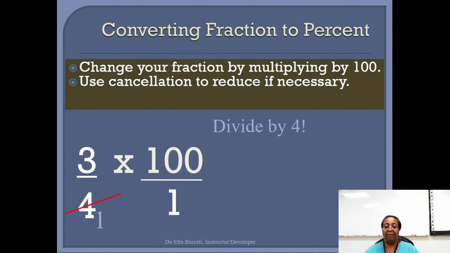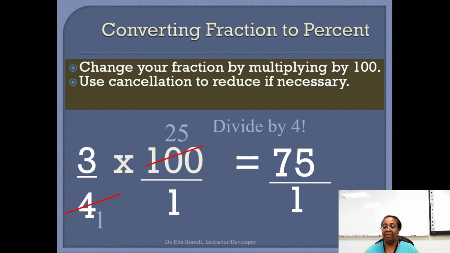When I divide by 4, I get 100 divided by 4 is 25. Then I'm going to multiply 3 times 25, I get 75, and 1 times 1 gives me 1, which basically is the whole number 75. And since I'm making a percent, I need to always remember to put my percent sign. So everyone knows it's 75 out of 100 or 75%.